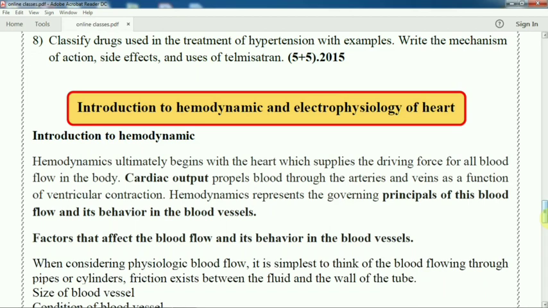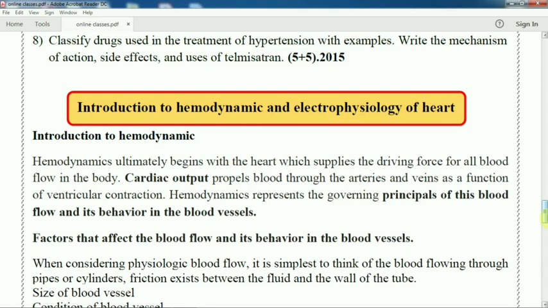In the anatomy part, in the first semester, we discussed how the blood comes out from the left ventricle of the heart. So it is the beginning, the starting point; it ultimately begins with the heart.